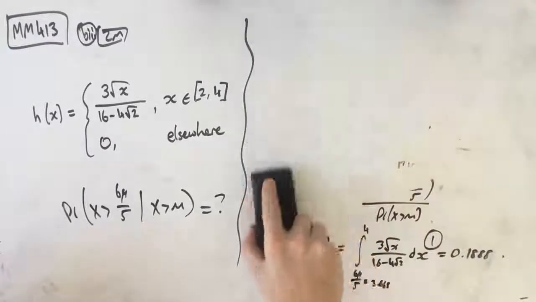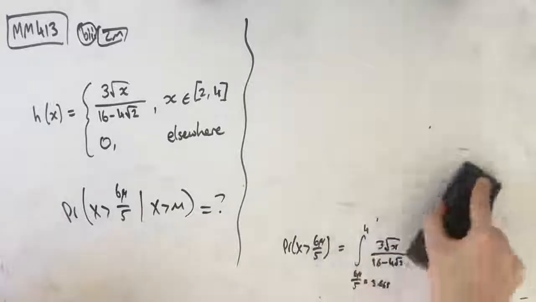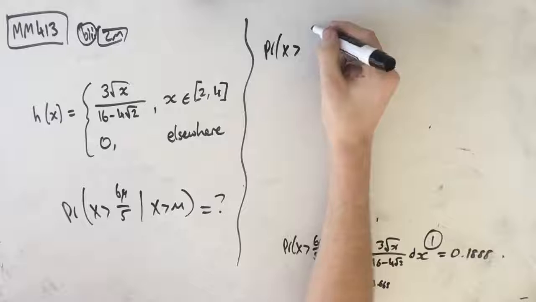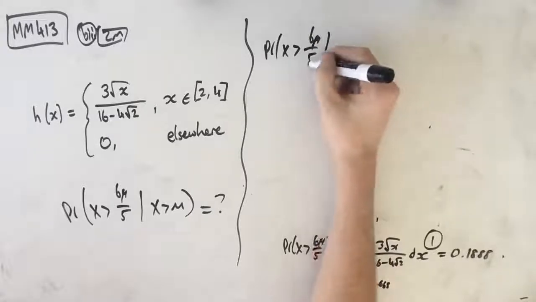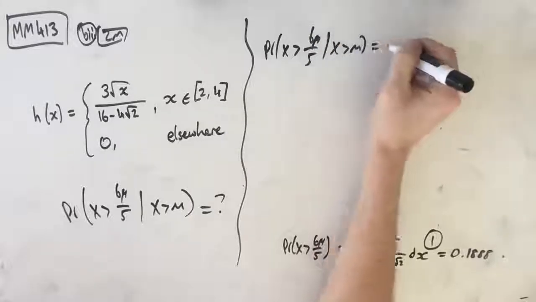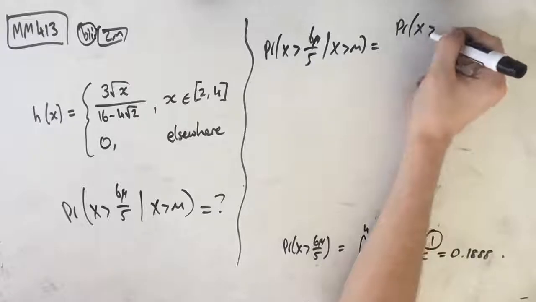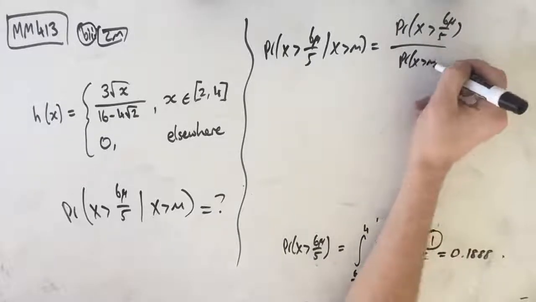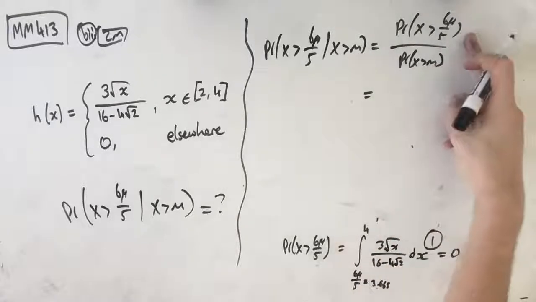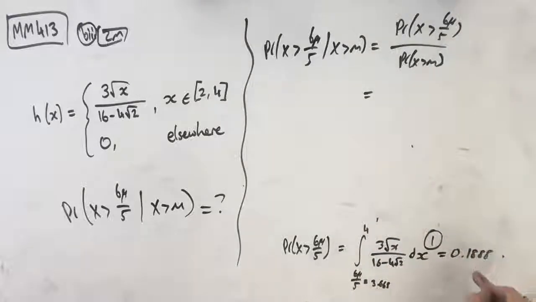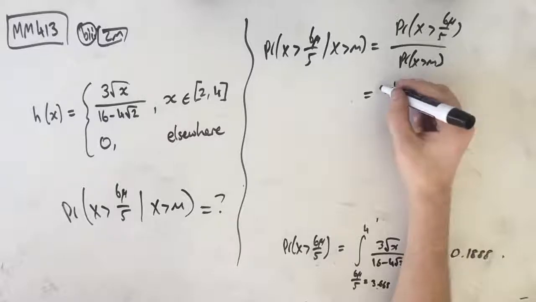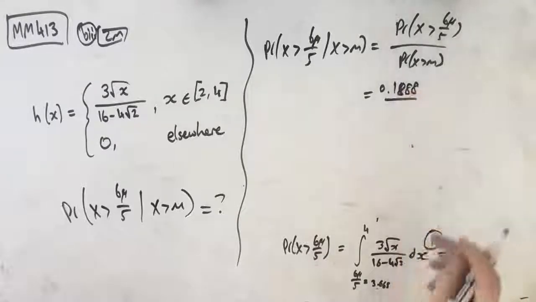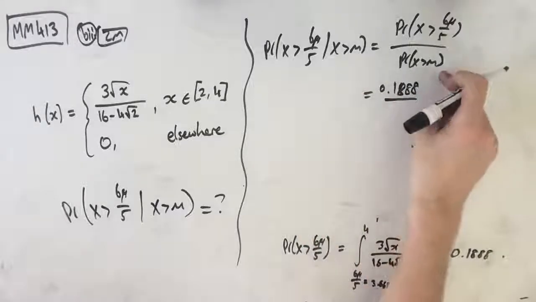Now that we've got that, we can work out the rest of it. So again, we know that the probability that x is greater than 6 mu on 5 intersect x is greater than m equals the probability that x is greater than 6 mu on 5 over the probability that x is greater than m. Now we've just found that the probability that x is greater than 6 mu on 5 is 0.1888, over the probability that x is greater than m.